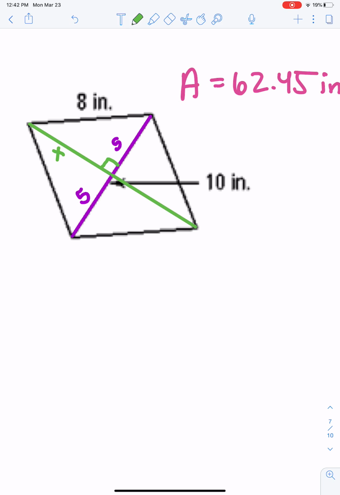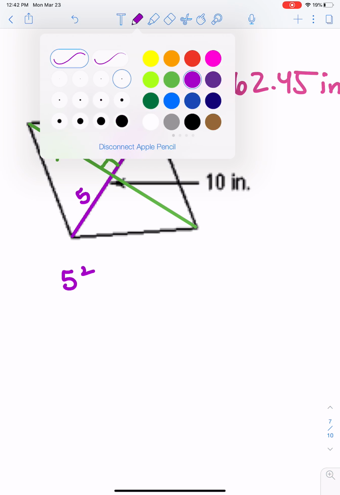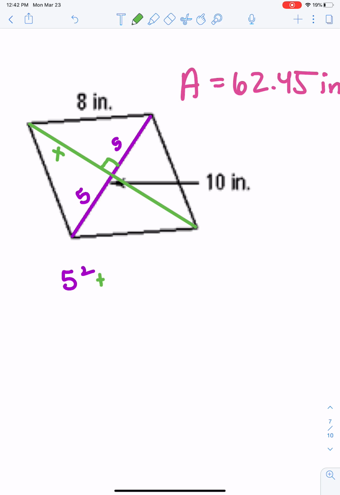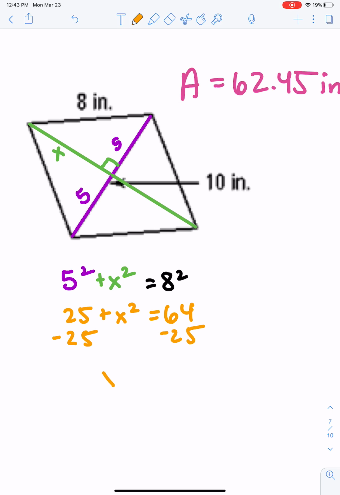We can say this is x, and you know my favorite, Pythagorean Theorem, 5 squared plus x squared equals 8 squared. I'm going to switch to one color. I got 25 plus x squared equals 64. Ooh, I should be able to do that in my head, but I'm going to cheat and use my calculator. I got square root of 39.